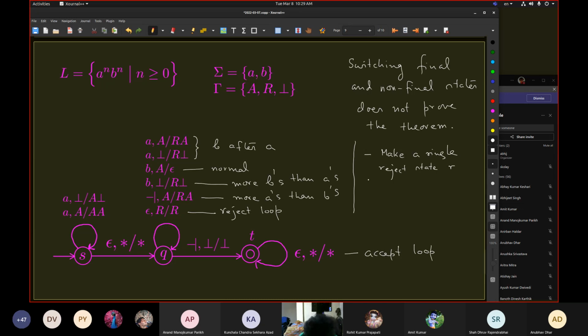Okay. So this thing is fine apparently, but the bigger question that arises in this context, how to detect the loops. I mean, premature reject loops.